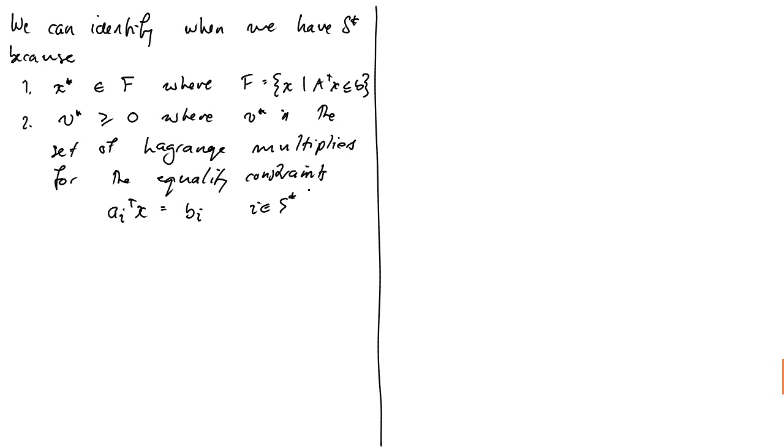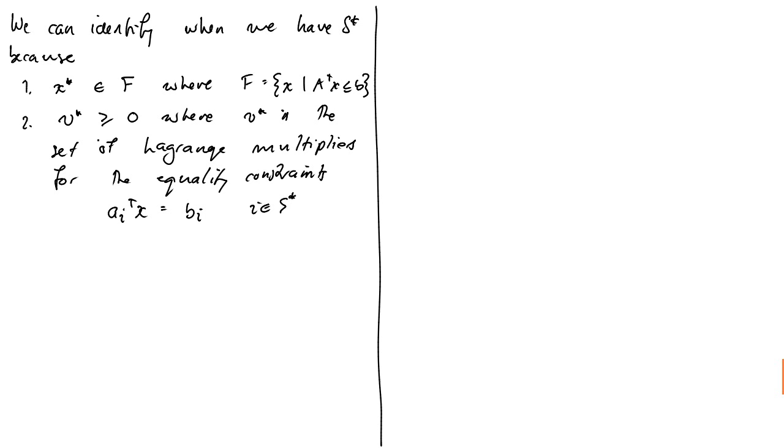So when we solve the EQP, if we use the KKT method, then we'll get this set of Lagrange multipliers as well as the x star. And the two things we need to test is that x star is feasible and that nu star is greater than or equal to 0 for all of the Lagrange multipliers.